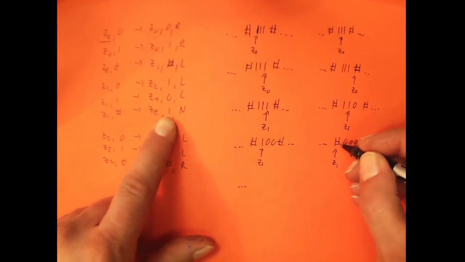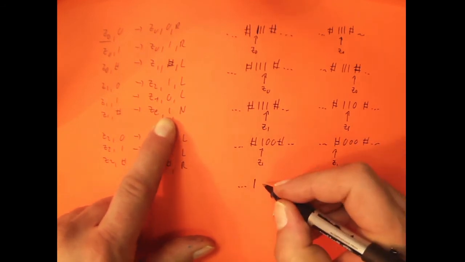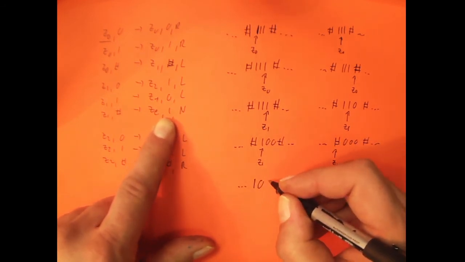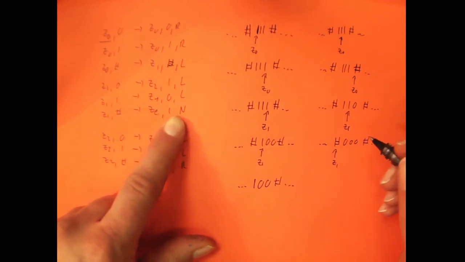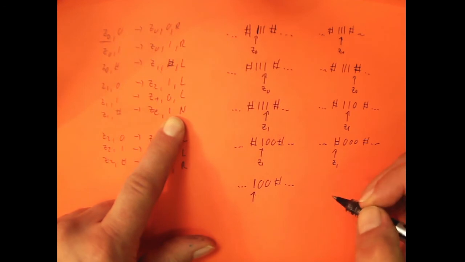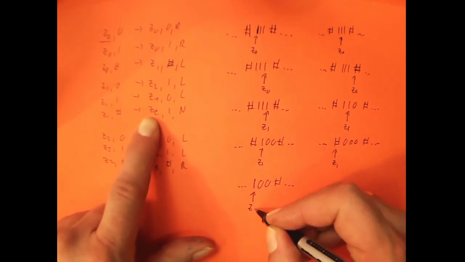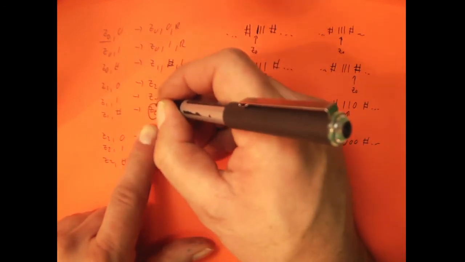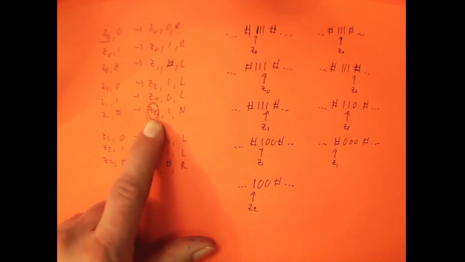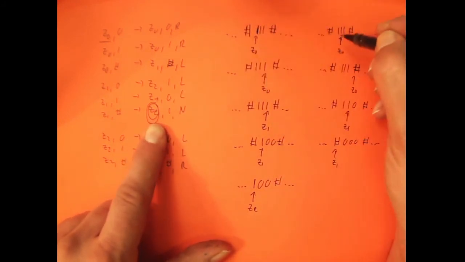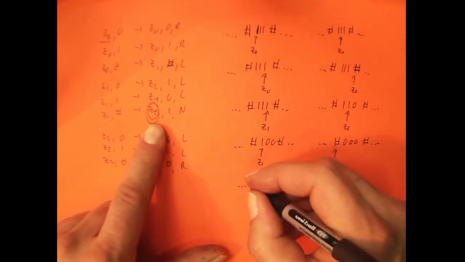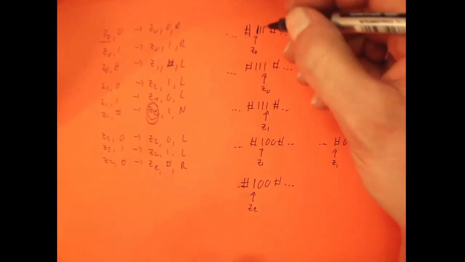So we have now this situation, which is also our final state. We replace this by a 1. So we have a 1, and then we have 00 and the hashtag. And we keep neutral, so we are on the same position and we change into the end state, this E. And therefore we have now this situation. As we have an infinite set of blank symbols on the left and on the right, it continues of course with this blank symbol.